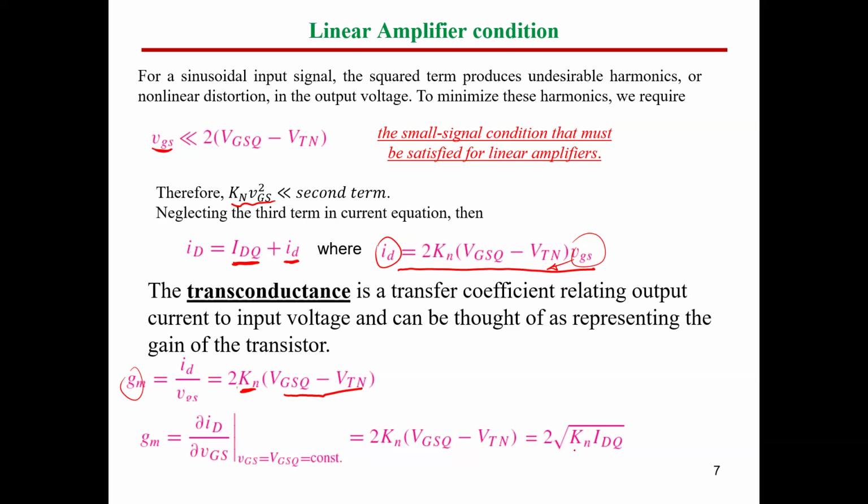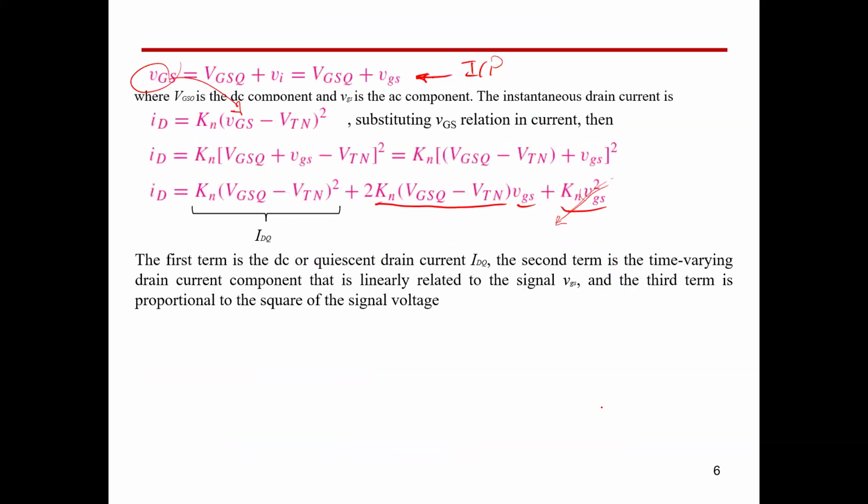So this term, guys, if we go back one slide, if it is not clear for you, let me show you that from here. So from here, guys, we have IDQ, the DC, equals Kn times (VGSQ minus VTN) square.